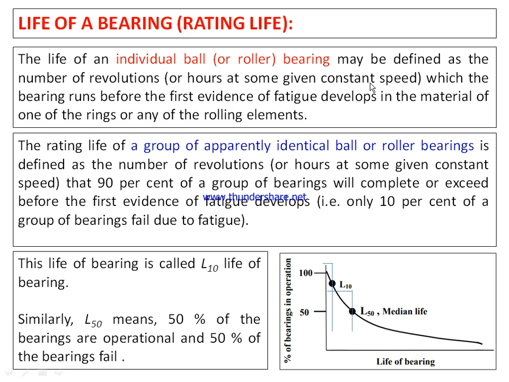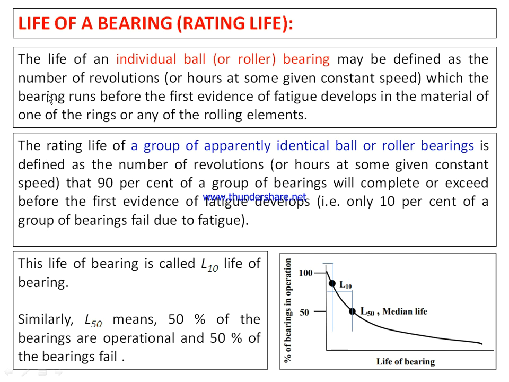So we have seen how a rolling element bearing fails. When a micropit is formed either in the outer race or the inner race or the roller or the ball, and if the size of that is equal to 0.0001 times the diameter of the ball or the roller, then we say that the bearing has failed.